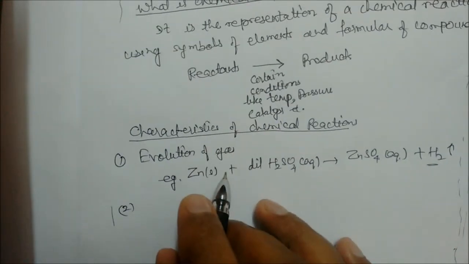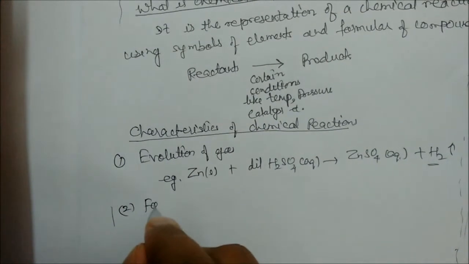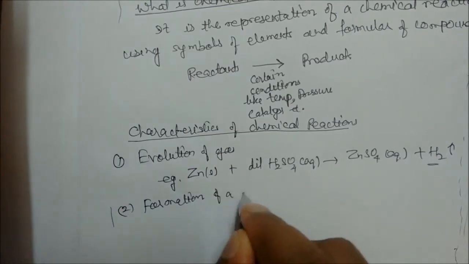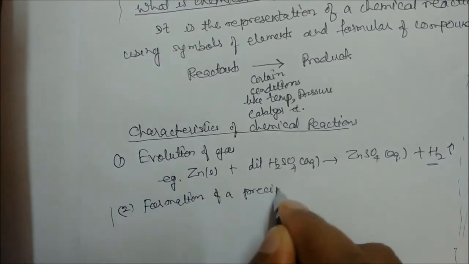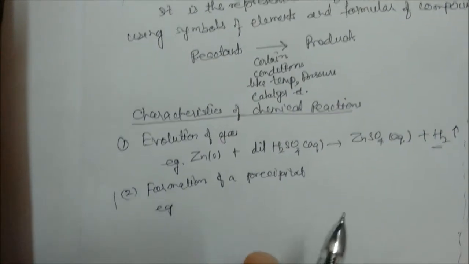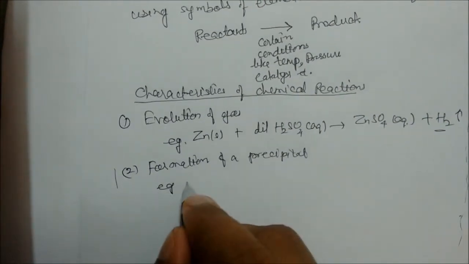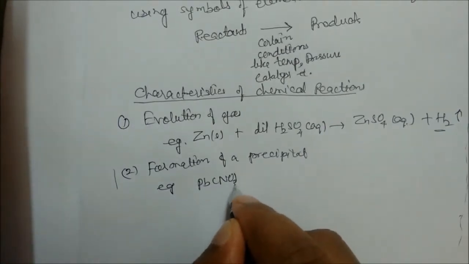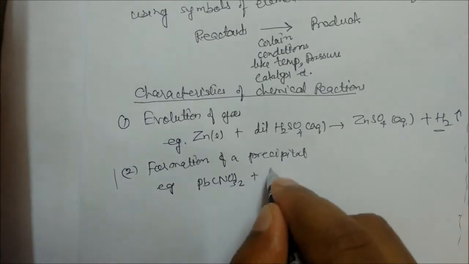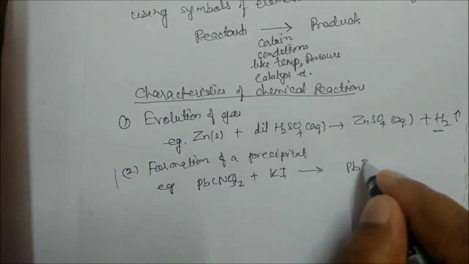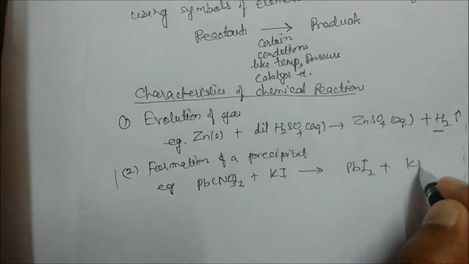Second, formation of a precipitate. Here again we can see an example: Pb(NO3)2 plus potassium iodide will give you PbI2 plus KNO3.